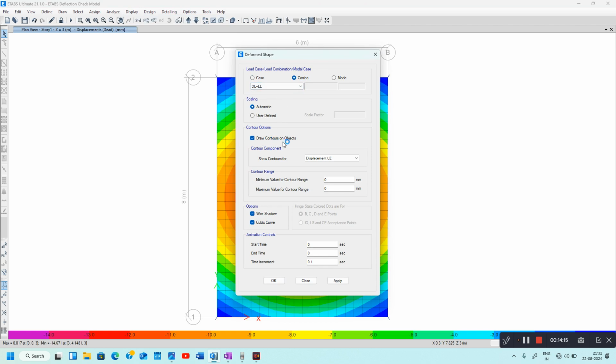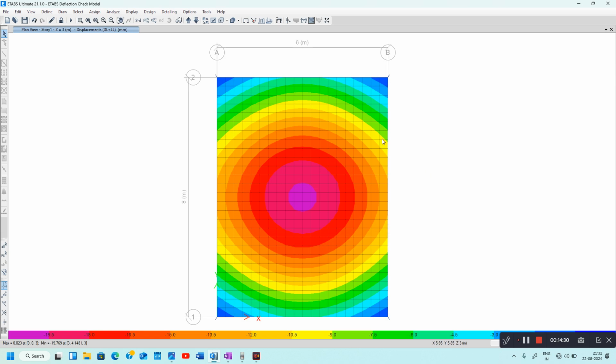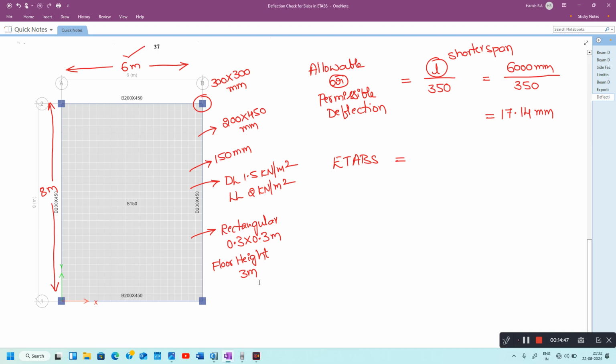In draw contour on object, you should select displacement UZ. Apply, close. Yeah, this is the deflected shape of the slab. Just move your cursor. UZ is minus 19.769. So your ETABS deflection is 19.769 millimeter.